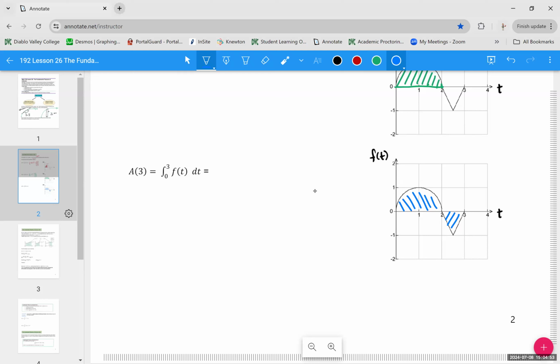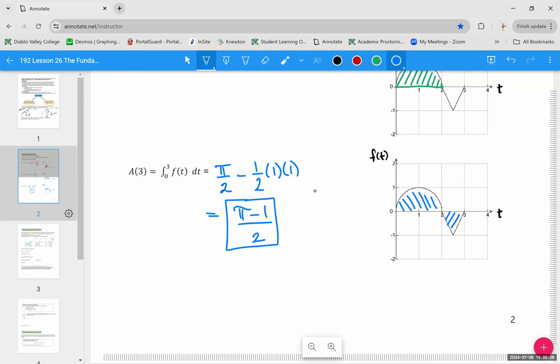And so I'm going to think of that when I go to calculate the area as the area of the semicircle, which we already found in the last one was pi over 2, minus, because it's below the x-axis, the area of this triangle, which looks like it has a base of 1 and a height of 1. So minus 1/2 base times height. So it looks like I have pi minus 1 all over 2.